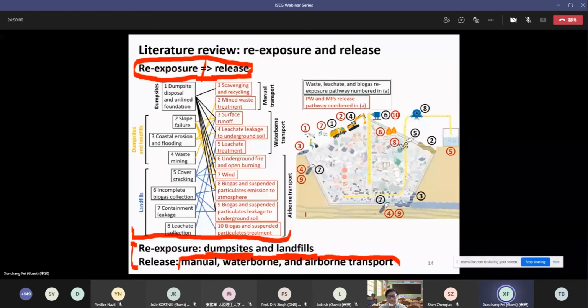So just remember that for a landfill, it's not 100% safe. And even if it's safe for now, in the long term, it may fail. Later on, we'll talk about several potential failure mechanisms. If it fails, it will re-expose the solid waste, leachate, and gas to the environment, and these will carry microplastics primarily to the environment.